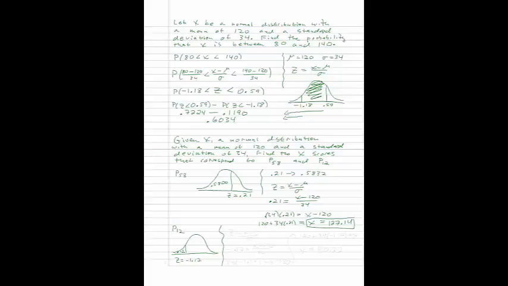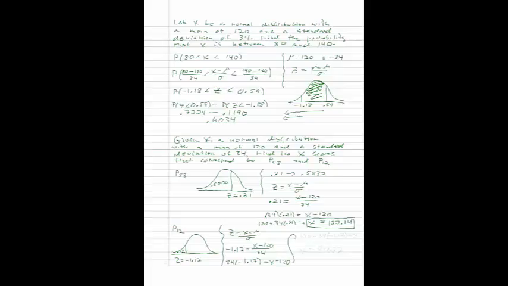So again, doing the analysis, we know that z is x minus mu over sigma. So z, negative 1.17, is x minus the mean of 120 divided by the standard deviation of 34. So 34 times negative 1.17 is x minus 120.